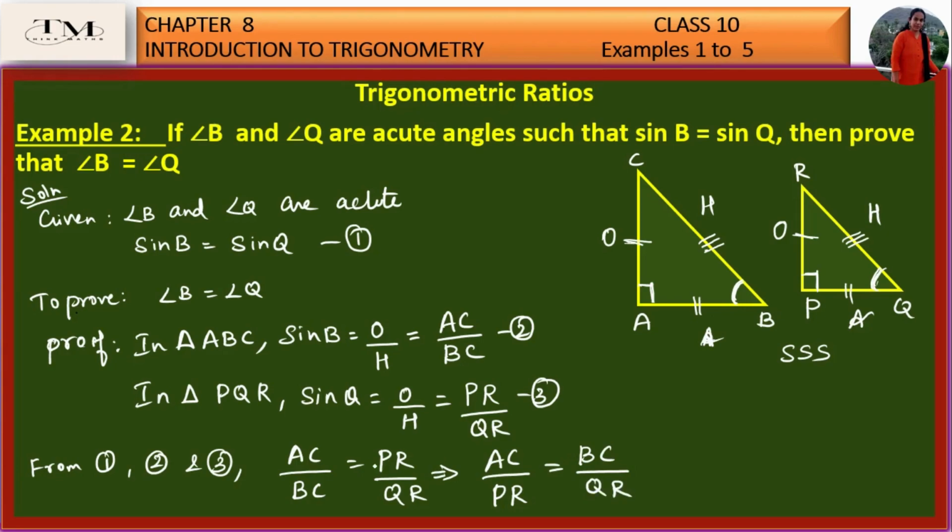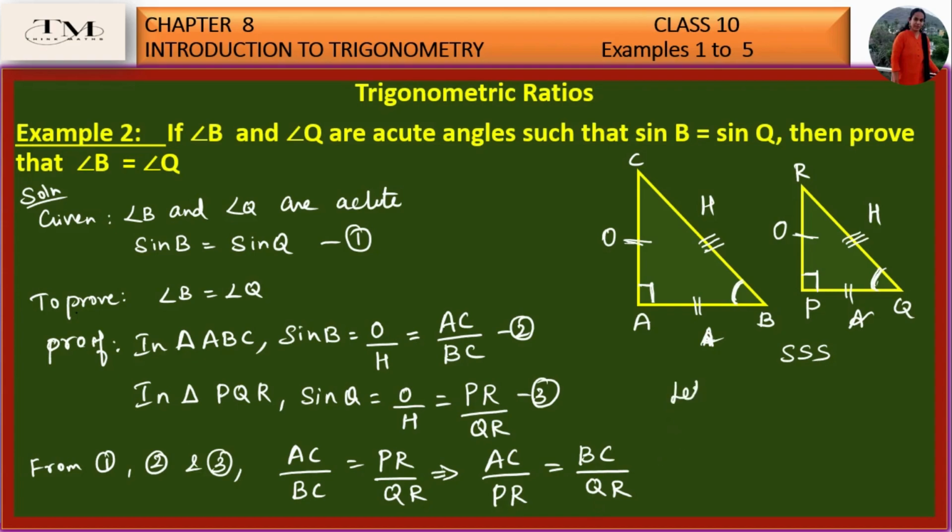If PR is changed to the left hand side, PR is in the numerator, so it will come to the denominator. Here BC is in the denominator, and when I change it to the right hand side, the denominator will go to the numerator. So we get AC by PR equal to BC by QR.